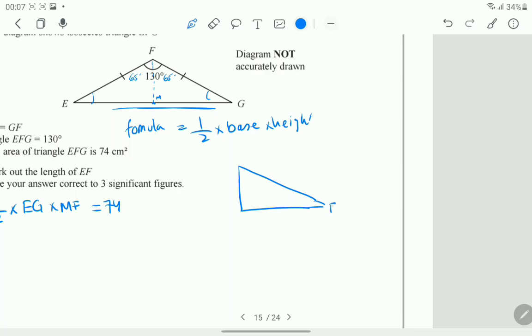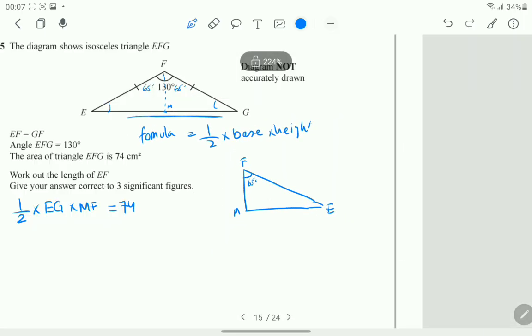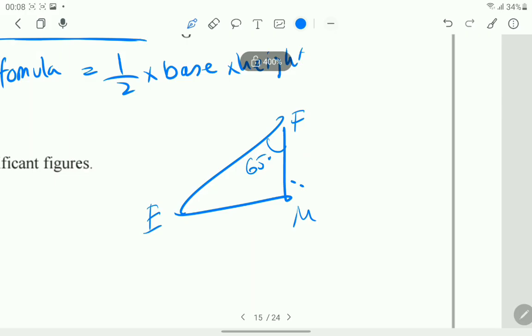So this would be E, this would be F, and this would be M. And if this is angle 65 degrees, or just imagine that this is, for your convenience, I'm gonna redraw it so you don't get confused. So see, this is F, this is E, and this is M, and this is 65 degrees. Now it makes things a little bit clearer.